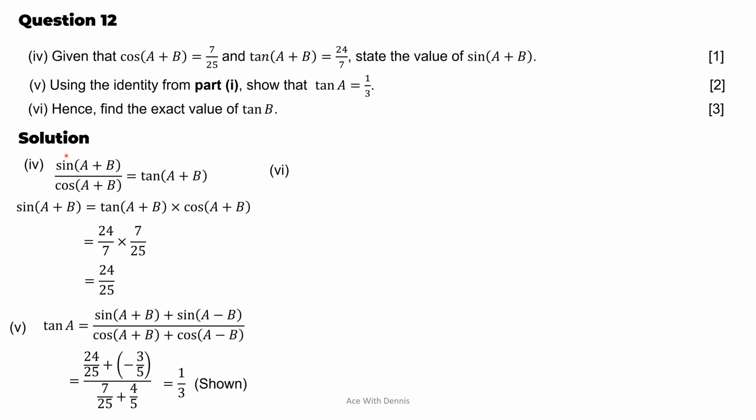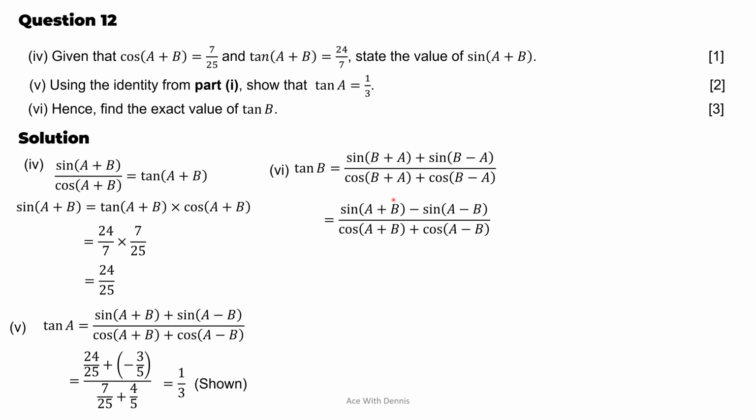So part 6. Now we want to find the exact value of tangent B. So we can again modify the equation from part 1, which gives tangent B equals sine (B plus A) plus sine (B minus A) over cosine (B plus A) plus cosine (B minus A). Let us rewrite this equation.